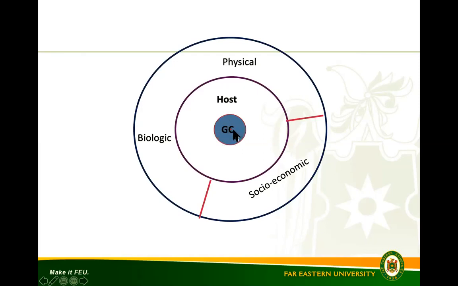But for conditions like measles, which is a communicable disease, the genetic core would be of lesser importance. The state of immunity of the host and the biological sector of the environment would contribute more heavily.